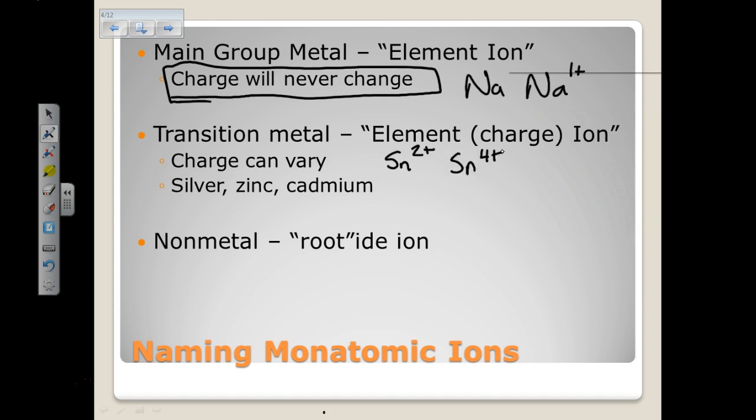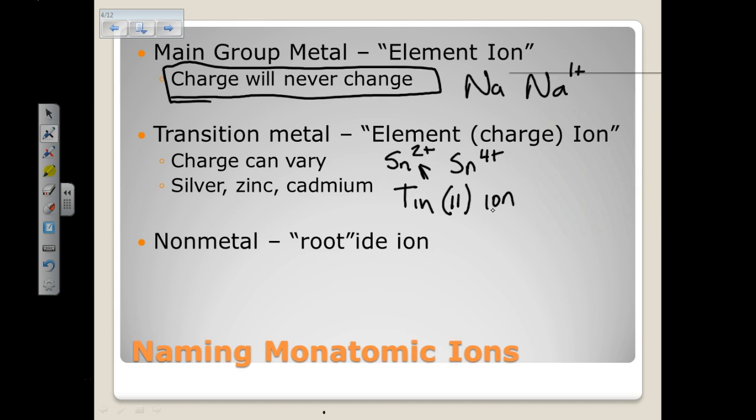If we just talk about tin ion, we don't know which one. So we're going to call this tin, and then we put the Roman numeral of the charge in parentheses. So this one is tin(II) ion, and this one here will be tin 4 plus, or tin(IV) ion.